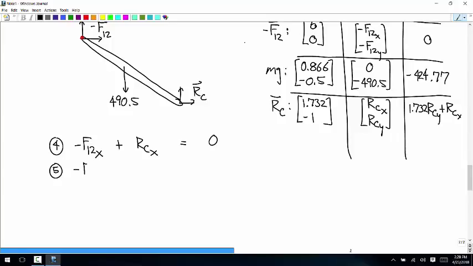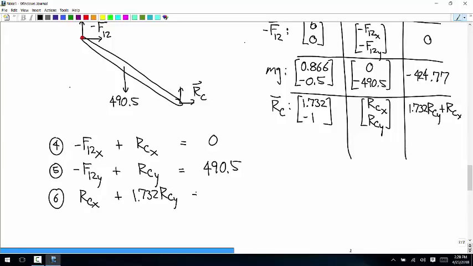And that says negative F12y plus RCY is equal to positive 490.5. And then add up all the moments and set them equal to 0. So we have 1 RCX plus 1.732 RCY is equal to positive 424.77.